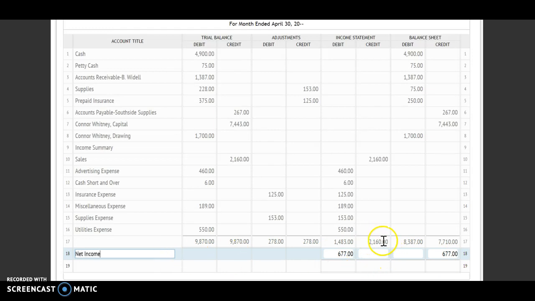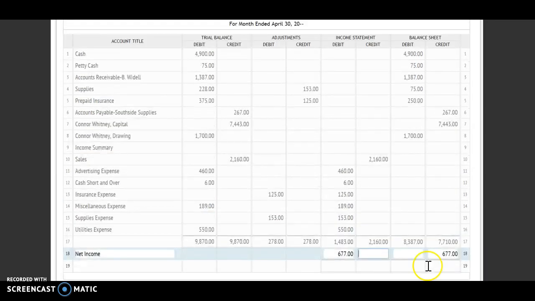Other way I can look at that is this number here is my sales. This number here is my expenses. This shows that my sales is larger than my expenses, therefore that's a net income. If I would have my two numbers on these inside columns, that would be a net loss.